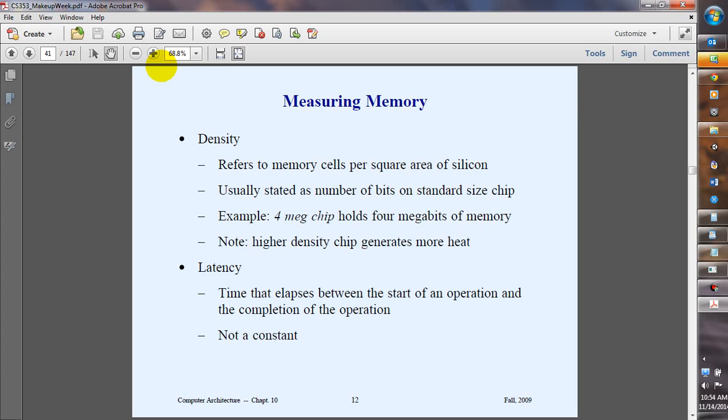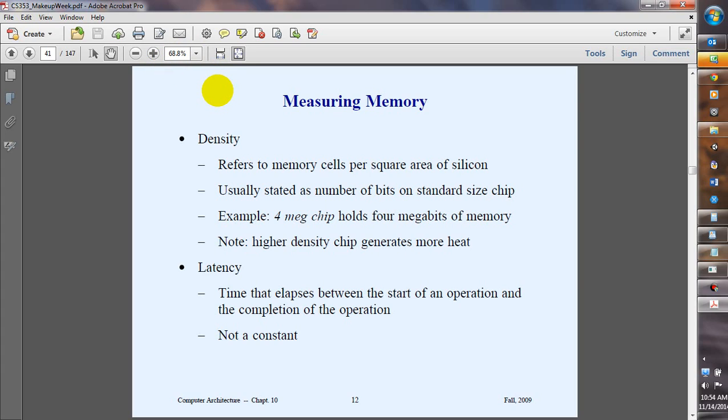Obviously, if you have a higher density chip, if the cells are closer together, it's going to dissipate more heat. The density of these chips is related to the size of the transistors, which in general has followed Moore's law. So we're seeing that density is doubling roughly every year and a half.